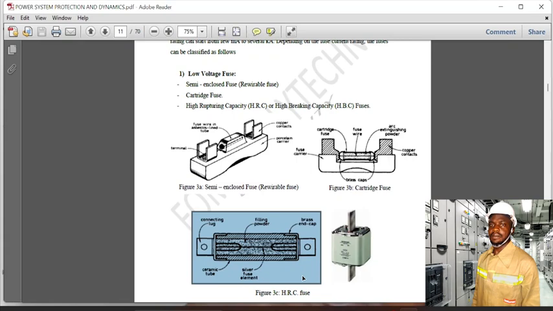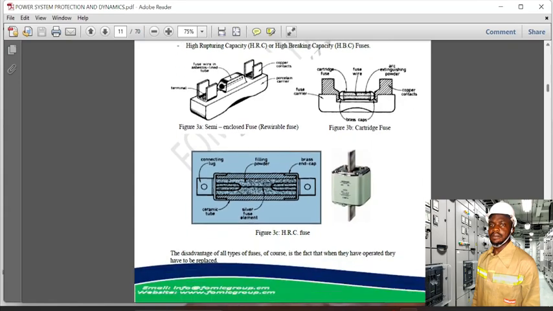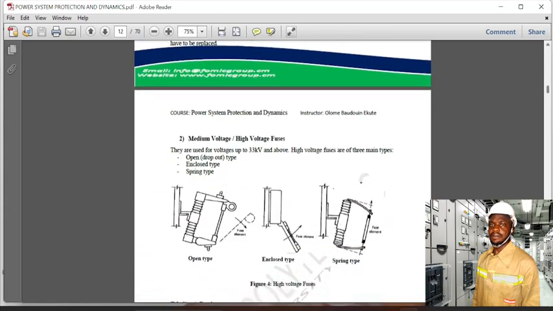So if you have, for example, installations with a high amount of current, and you need to protect them against an overcurrent that is greater than this, you can use the high rupturing capacity fuse or high breaking capacity fuse. So these are the low voltage application fuses.